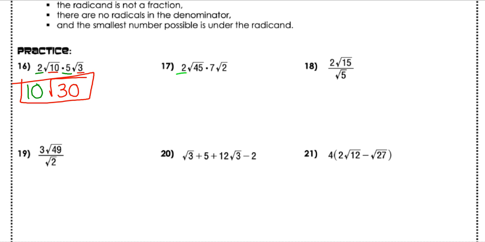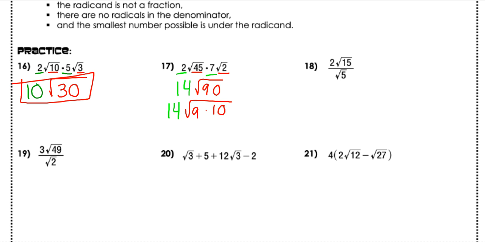All right, for the next one, very similar. We're going to multiply 2 times 7. We're going to multiply the square root of 45 times the square root of 2 and get the square root of 90. And then I can simplify that. So the 14 does not change, but the square root of 90 I can split into the square root of 9 times the square root of 10.